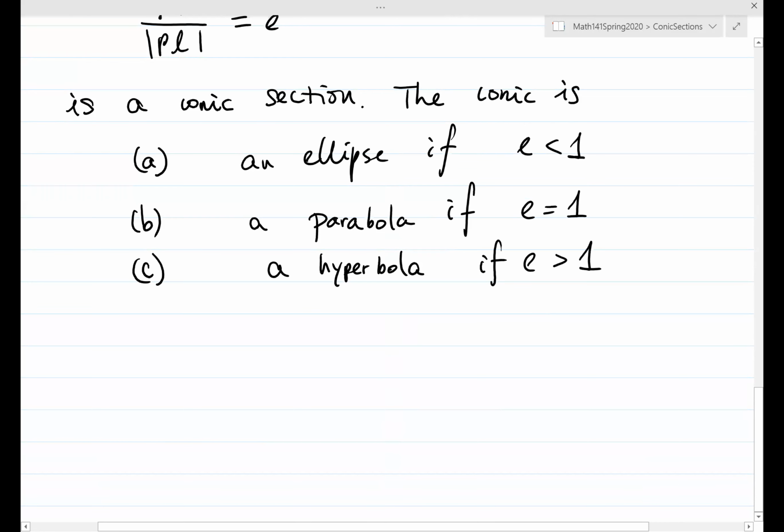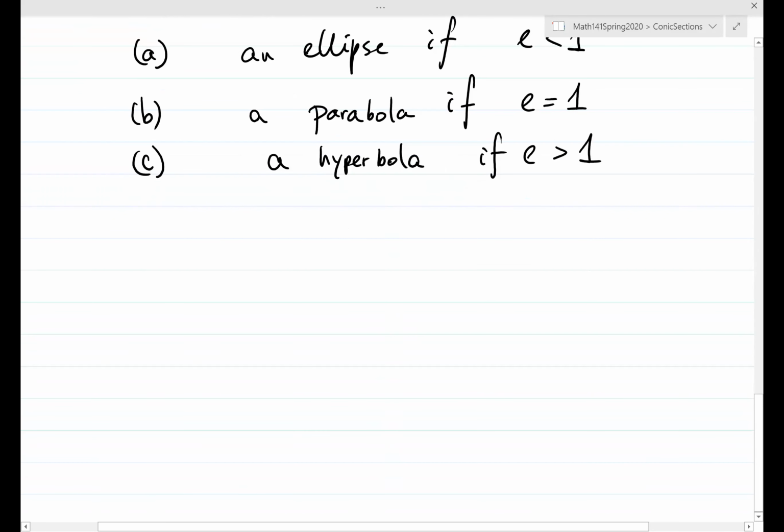The proof of this theorem is actually the main work we should do, to determine the polar coordinate form of conic sections. Now let's do it. We want a fixed point F and a line L. Suppose this is the x-axis and this is the y-axis.